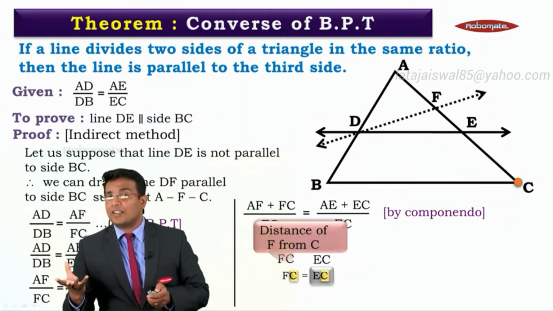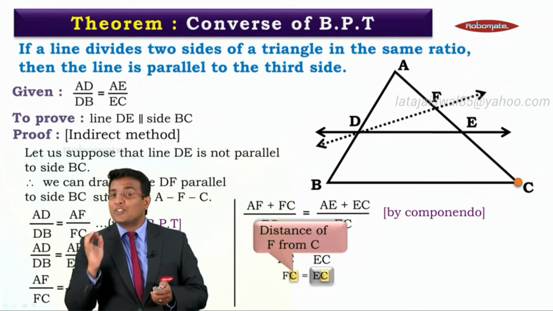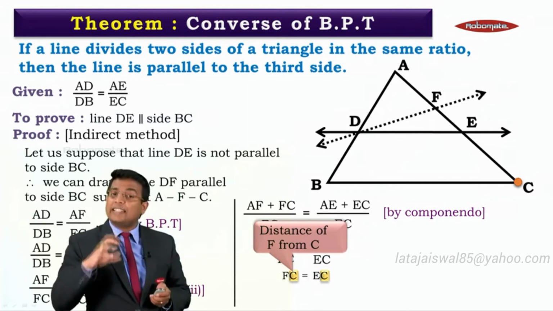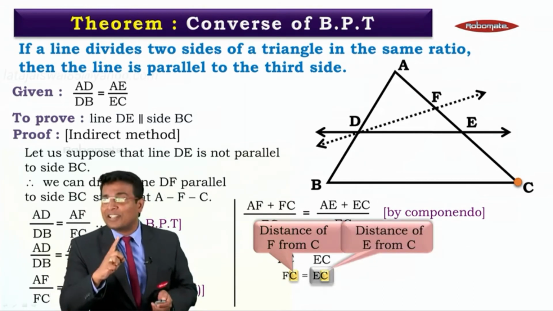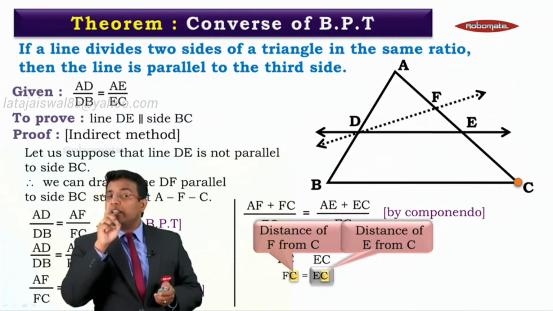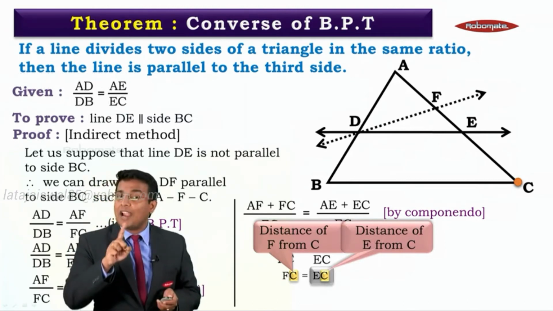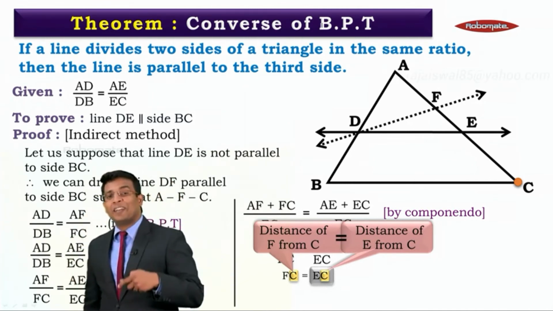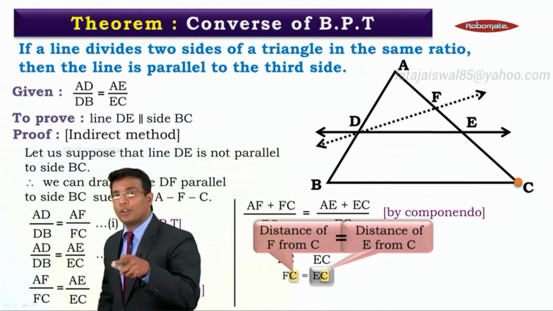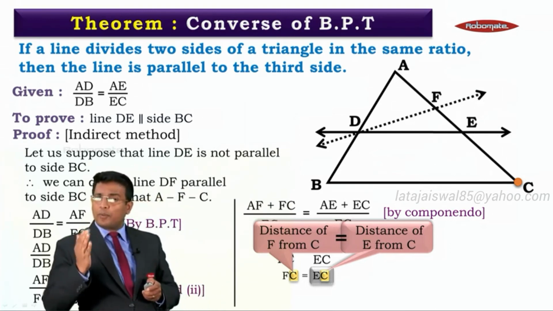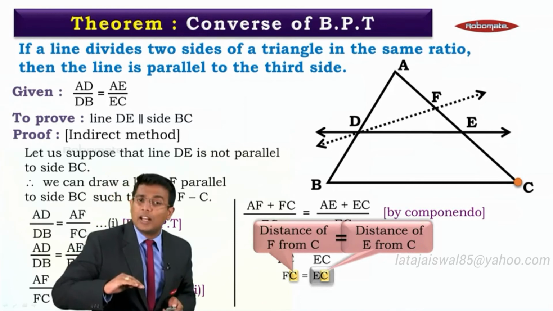It means it is the distance of F from that point C. Same way, when you talk about EC, it is nothing but the distance of E from C. And here what we have got is that the distance of F from C and the distance of E from C are equal. This is the result we have got. We are going to think over it.